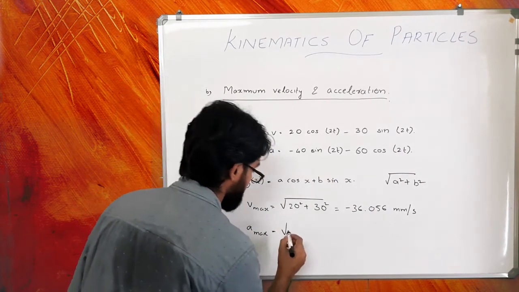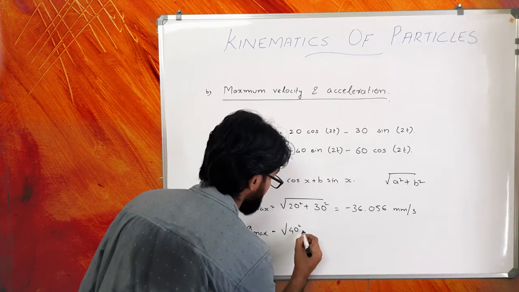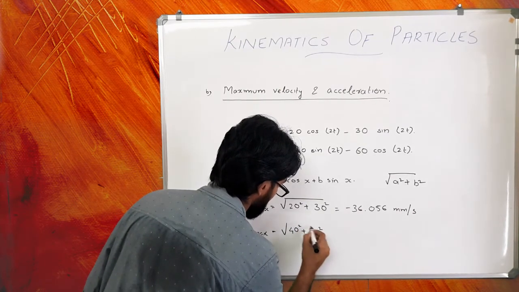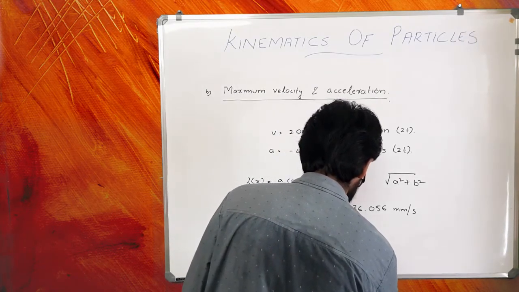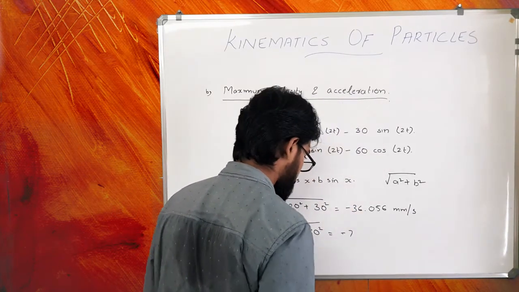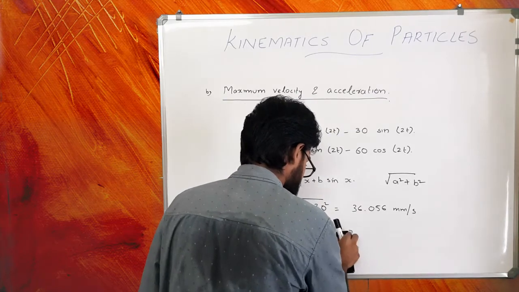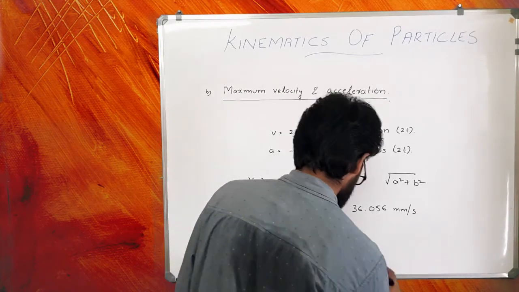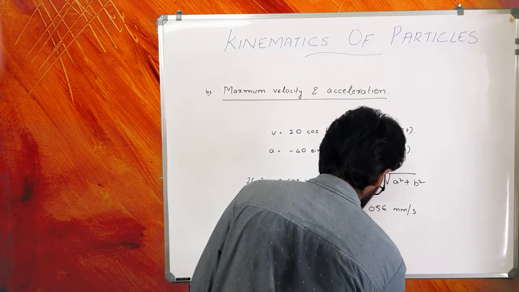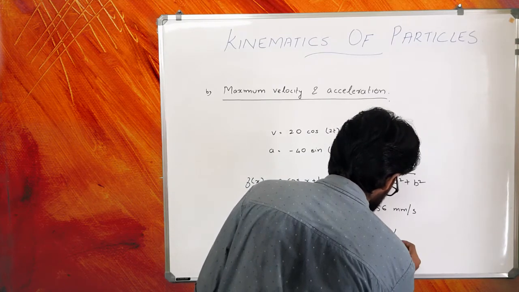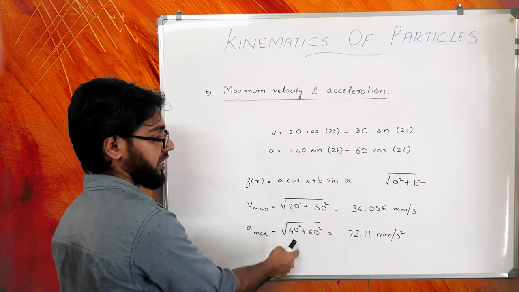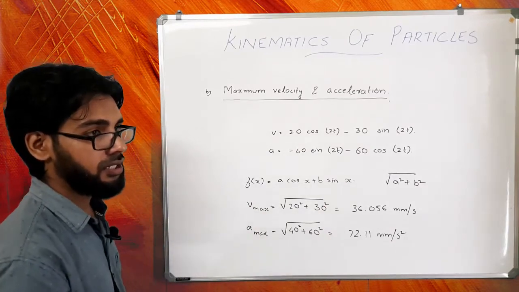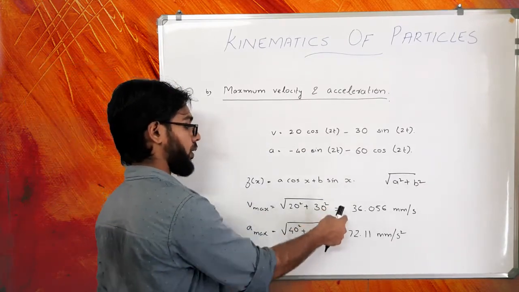is root of 40 square plus 60 square, which is equal to, sorry, we don't have the negative value here, 72.11 millimeter per second square. Now the problem here is that we won't get the negative value.